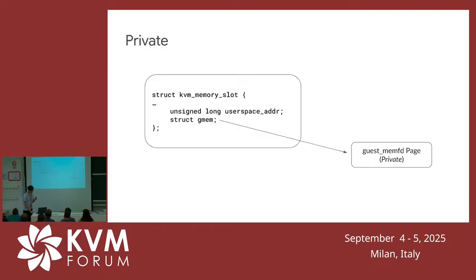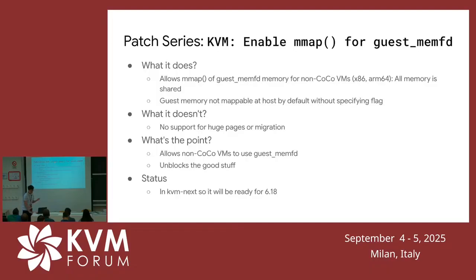With this sharing, we would configure struct gmem to point to an FD and offset within guest memfd, and the user space address should also point to that same page with mmap.